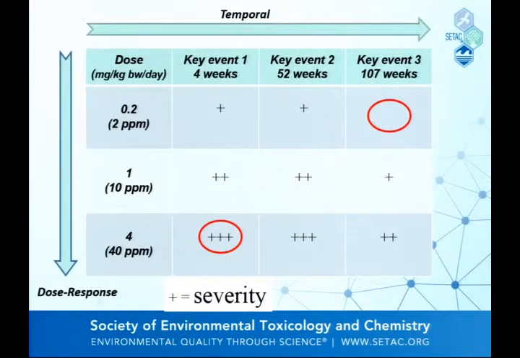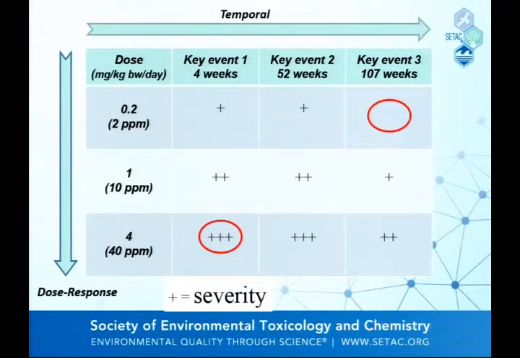So here we have our time scale going along the horizontal axis. You line up your key events in sequence. So again, if things are as we think, if they're causally related, key event 1 should precede key event 2, which should precede key event 3. So you put them in time series order.